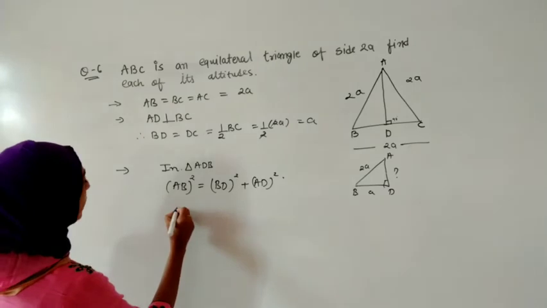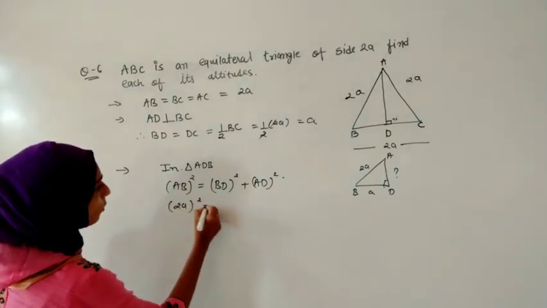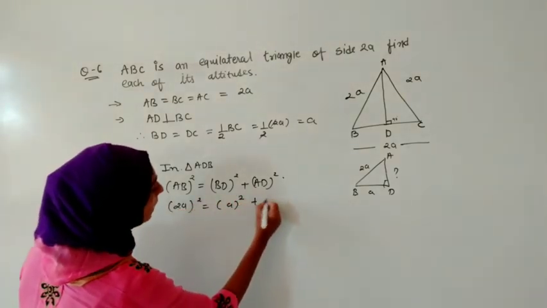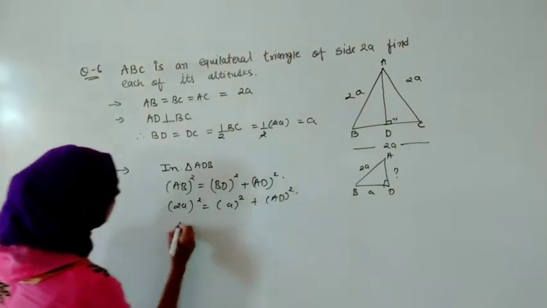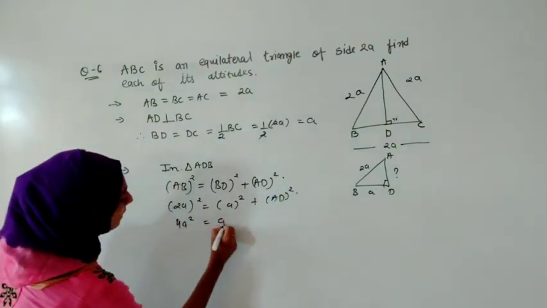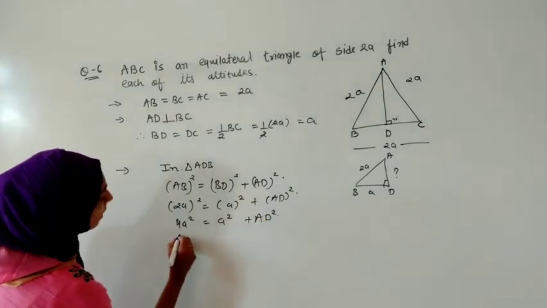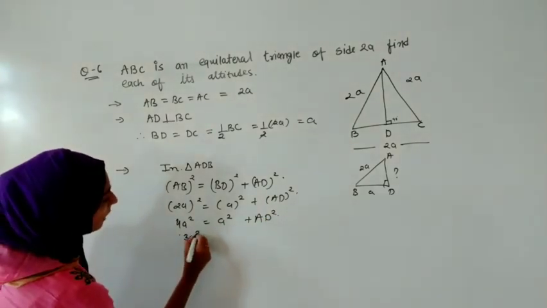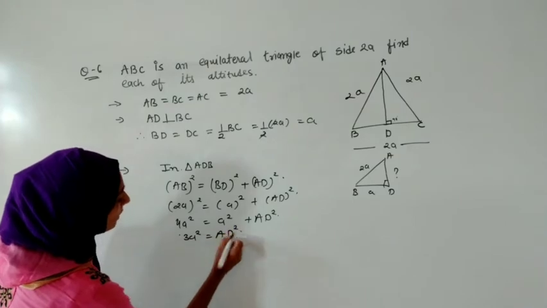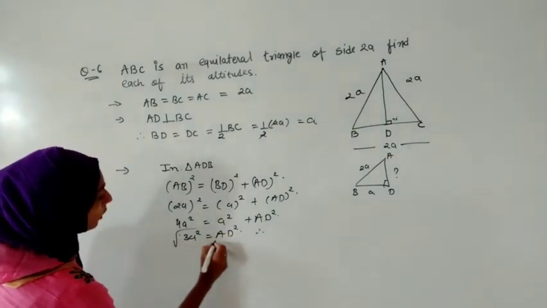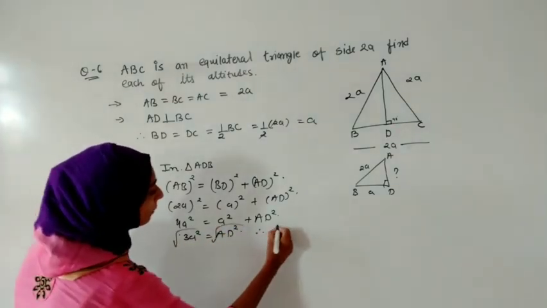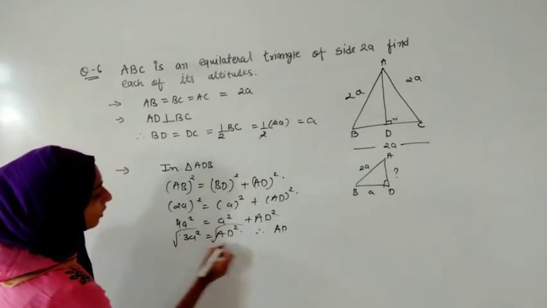So here the value of AB is 2A whole square, and BD is A square, plus AD square. So it will become 4A square, and this is simple A square, plus AD square. Let us shift it. 4A square minus A square will become 3A square, and that is equal to AD square. Let us take root on both sides. So it will become AD, because the square cancels out.